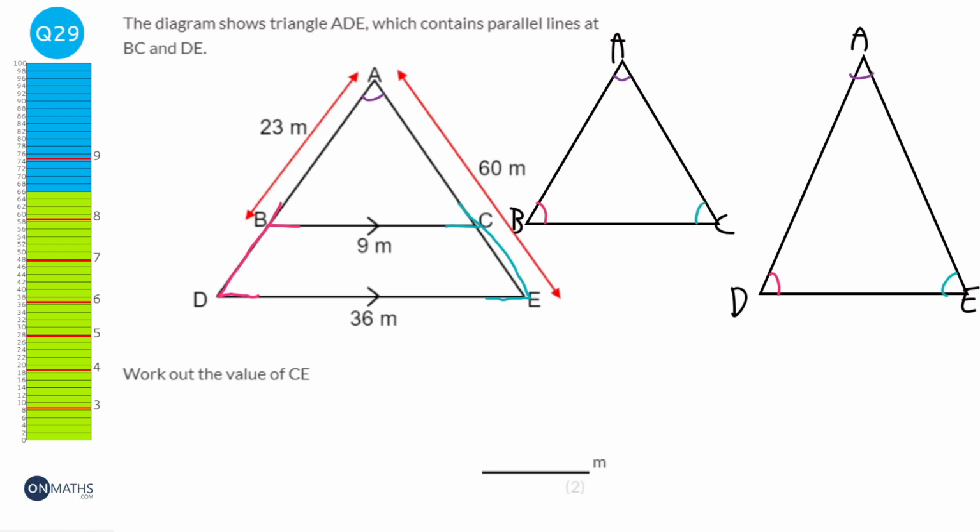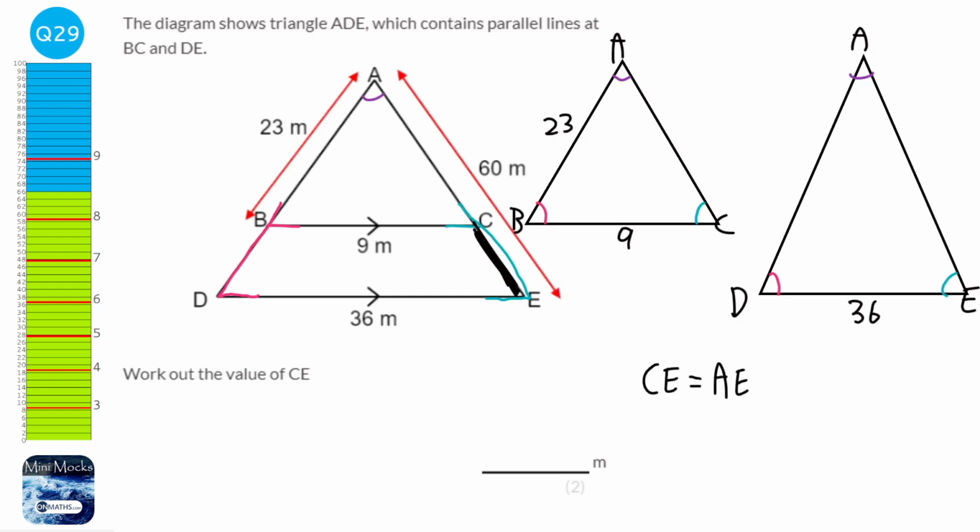And when you've got two triangles with exactly the same angles, they are going to be similar, which means one's an enlargement of the other. I'm just going to put on the lengths that we've got. Now we're looking for quite a complicated one. We're looking for the length CE, which is this one here. Now I can't actually label that onto my two triangles, but what I do know is that CE is equal to AE minus AC.